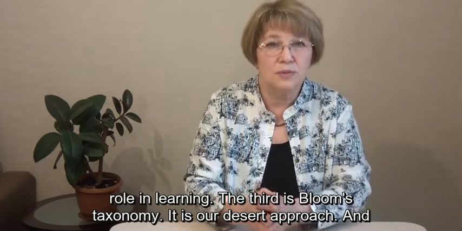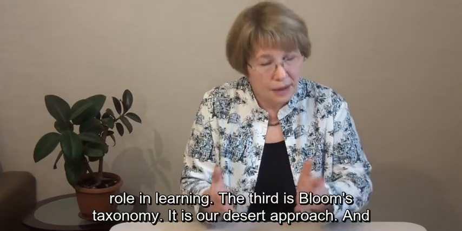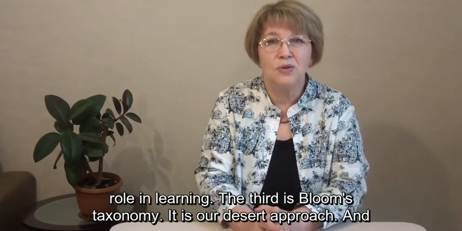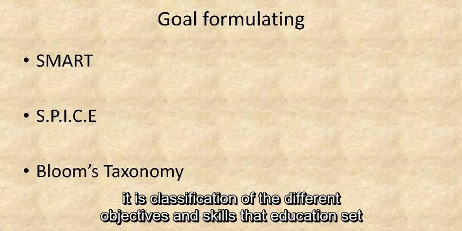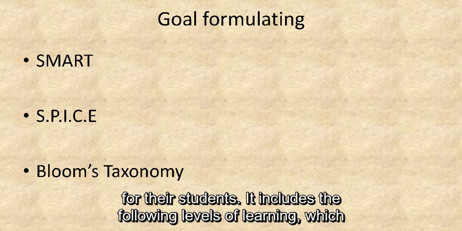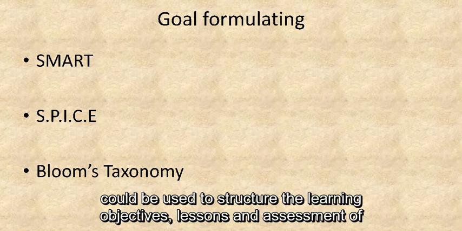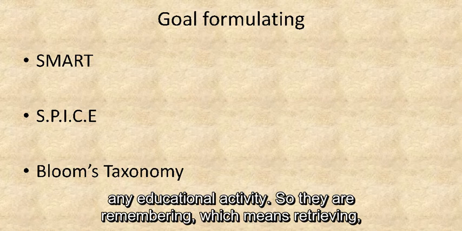The third is Bloom's taxonomy. It is the third approach, and it is a classification of the different objectives and skills that educators set for their students. It includes the following levels of learning, which could be used to structure the learning objectives, lessons, and assessment of any educational activity.